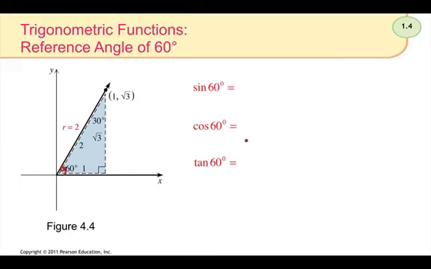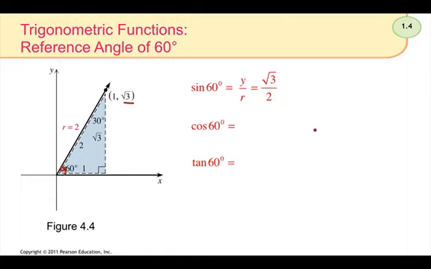So I am going to be looking at sine of 60, cosine of 60, tangent of 60. So my reference angle is 60 degrees here. According to the definition of sine, it's just the y value over the r. So I end up with radical 3 over 2, and I don't have to simplify anything. I don't have a radical in the denominator, so this is my answer.